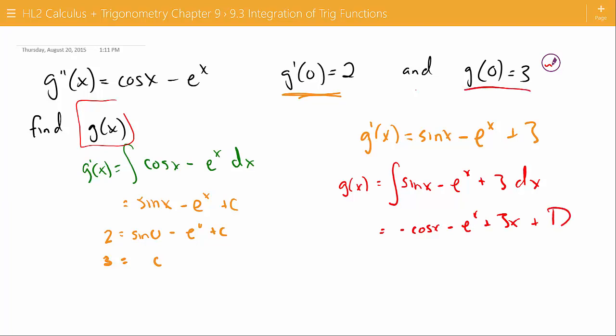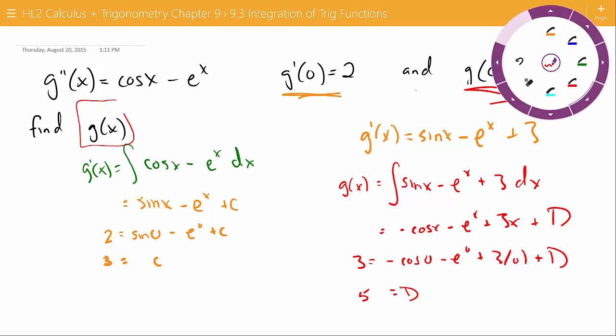And again, they give us an initial condition for g. They tell us that when x is 0, g of x is 3. So 3 equals negative cosine 0 minus e to the 0 plus 3 times 0 plus d. Solving for d, we get that d is equal to 5. So what does that mean?